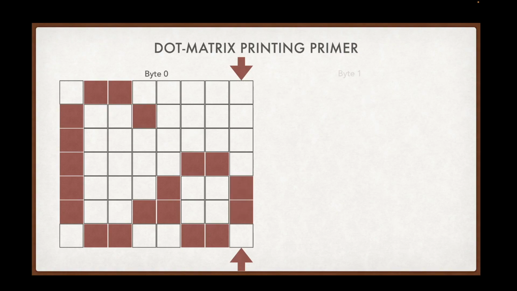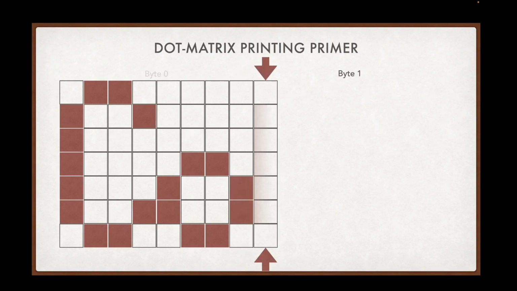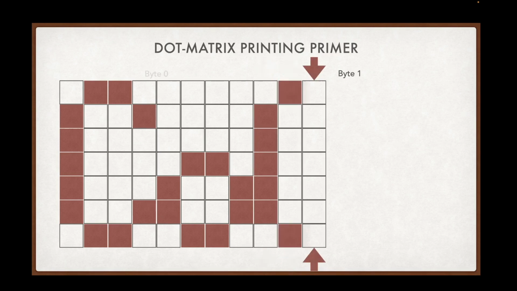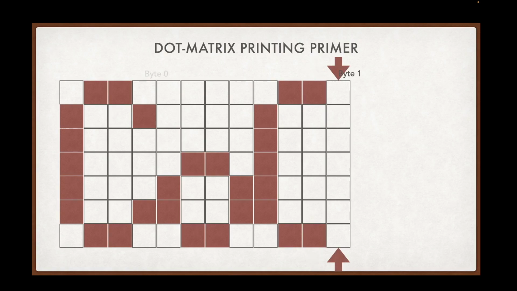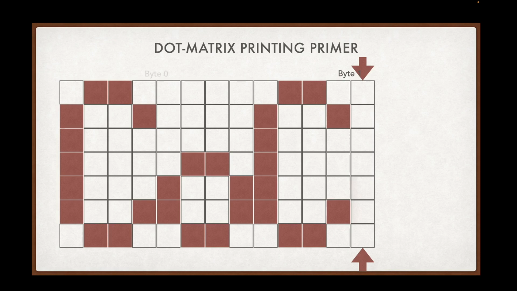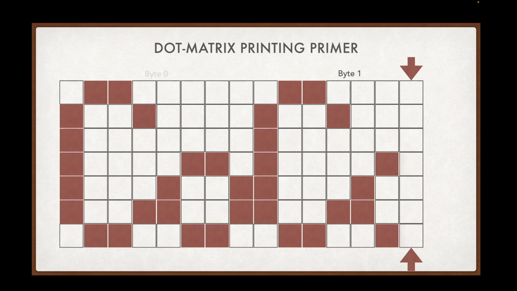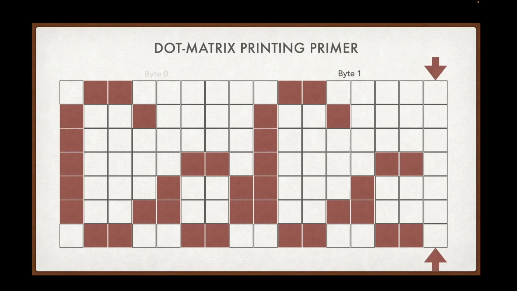So instead of reading the bytes left to right, each byte left to right, as we showed in the previous one, we actually have to read 1 bit each from 7 lines. We have to have 7 lines of the screen, and then we read the first bit and the second bit, etc. And we send those down to the printer. And that's what this animation is showing.